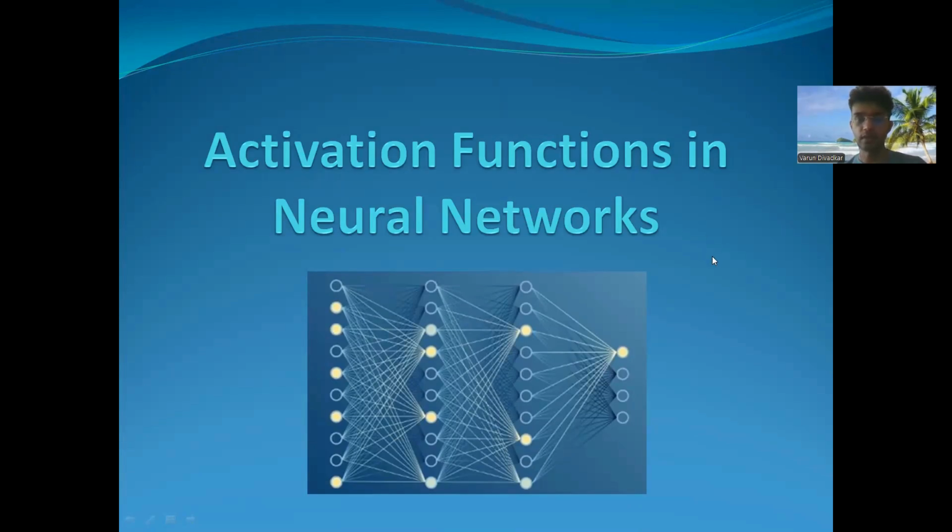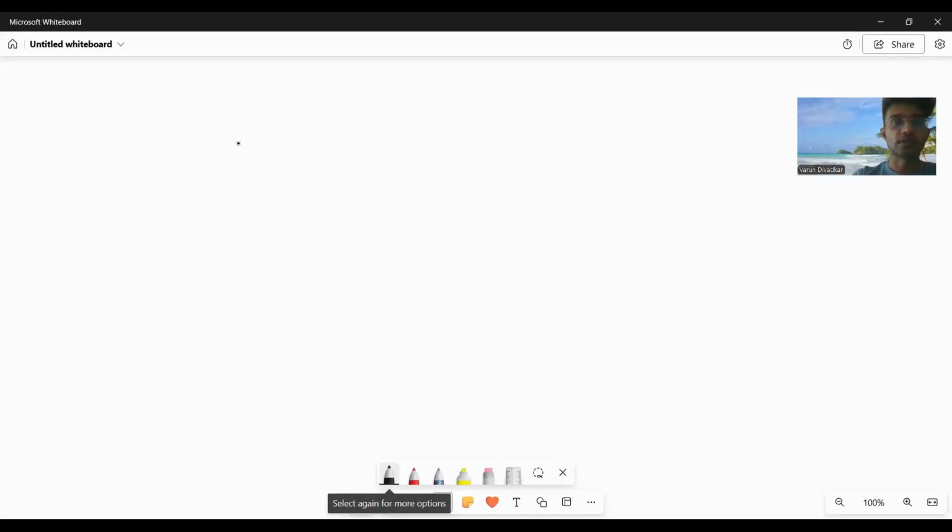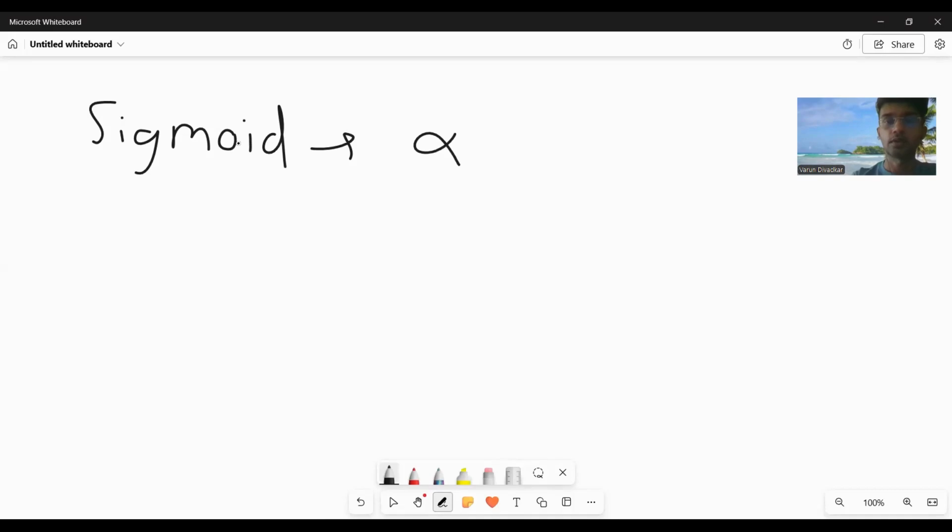So let's take an overview of the popularly used activation functions in neural networks. Let's go to the whiteboard. The first one that we discussed is the sigmoid. What's the equation of this?